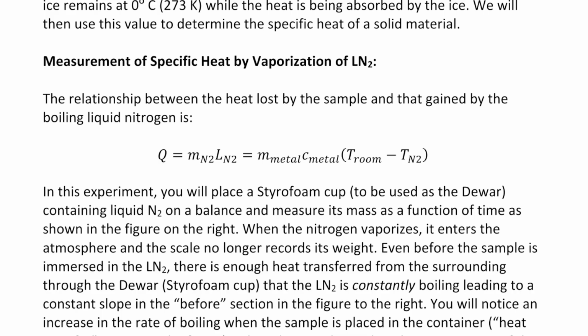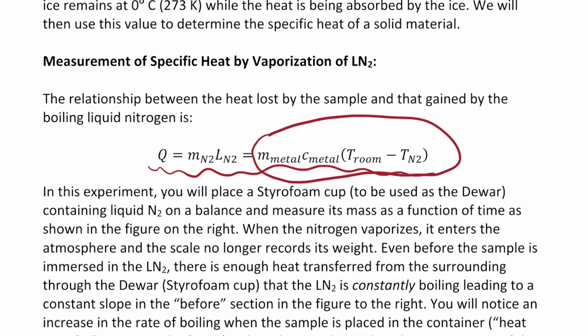All right. One of the other equations you used was Q equals m_N2 L, which we know from the last one. And then there's also the second part, where m_N2 L is equal to mc times the temperature of the room minus the temperature of the liquid nitrogen.